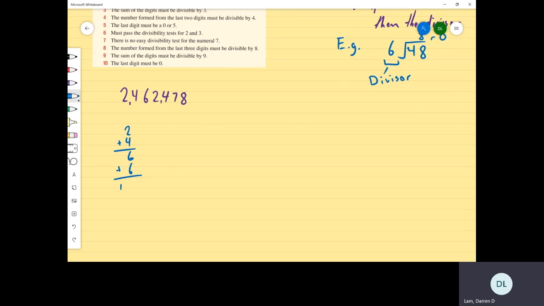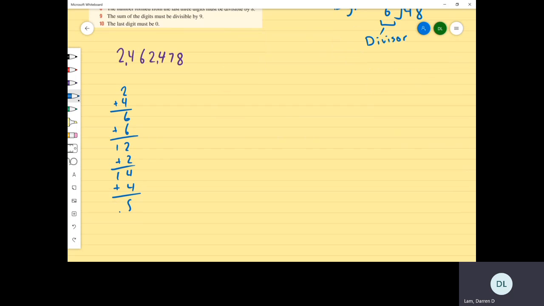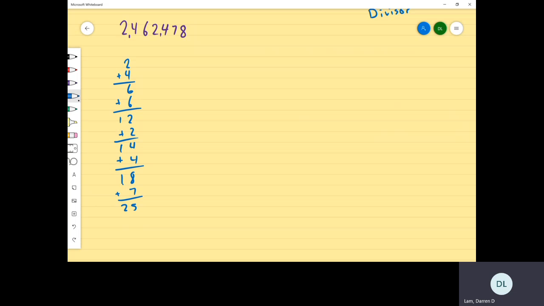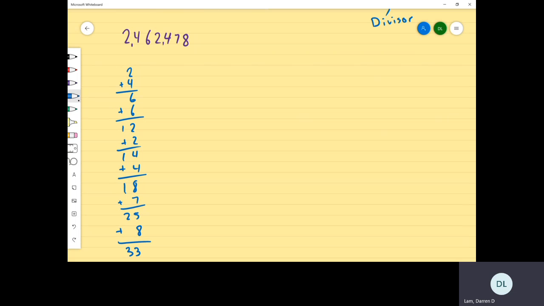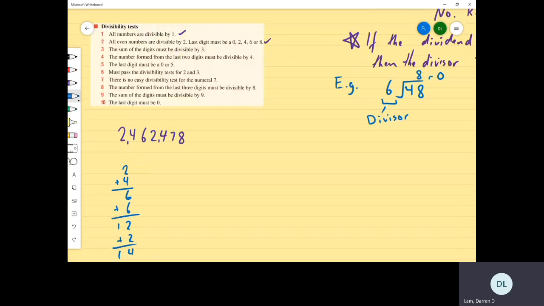Plus 6 gives me 12. Plus 2 gives me 14. Plus 4 gives me 18. Plus 7 gives me 25. Plus 8 gives me 33. Awesome. So the digits actually add up to 33.